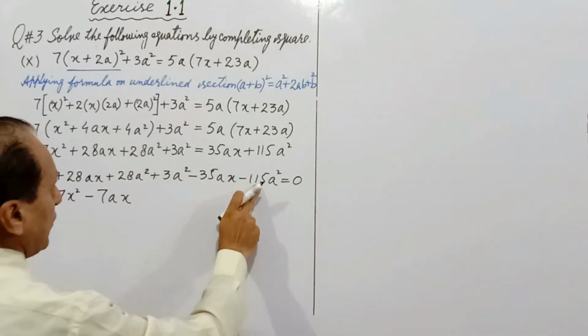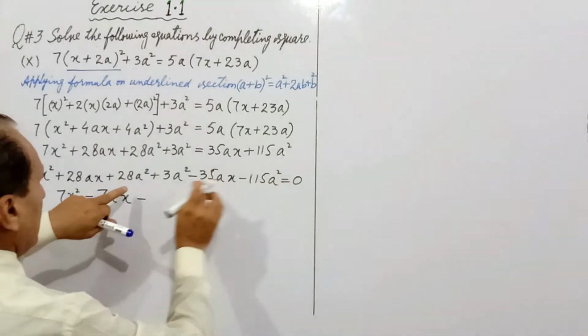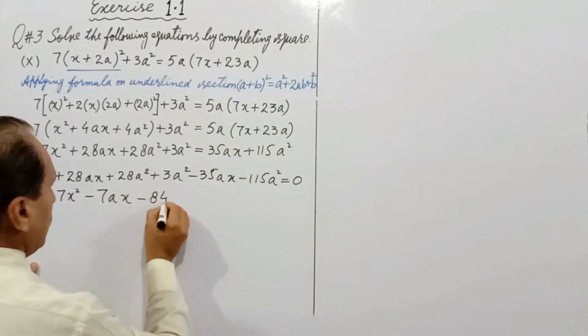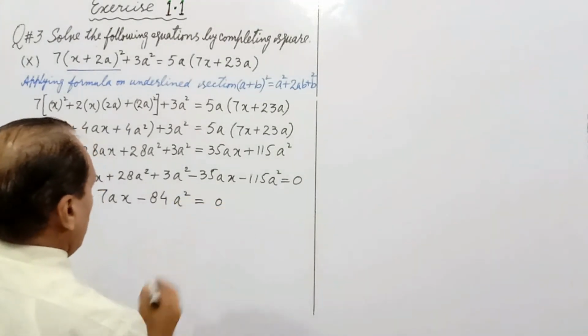As minus 115 is the greater term, the sign will be minus, and minus 115 plus 31 is equal to minus 84a square is equal to 0.